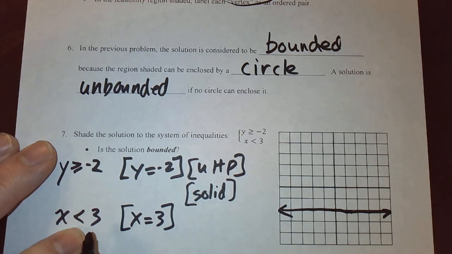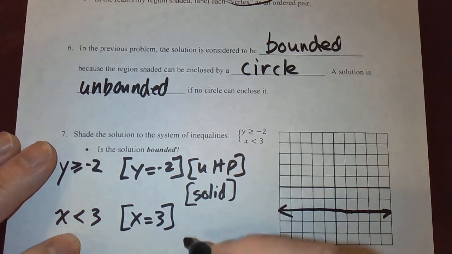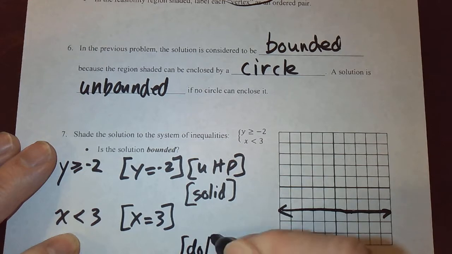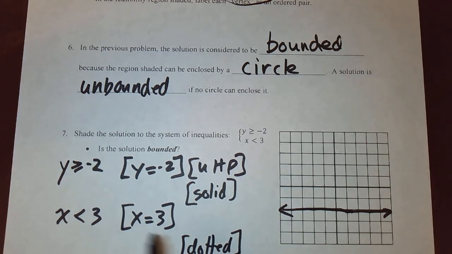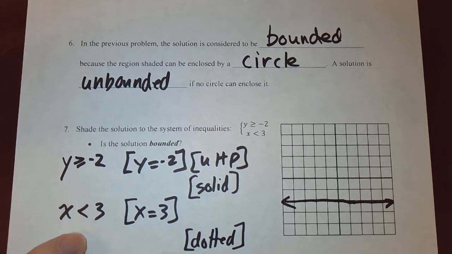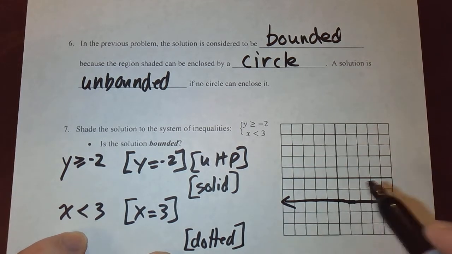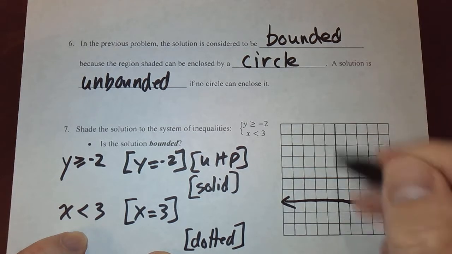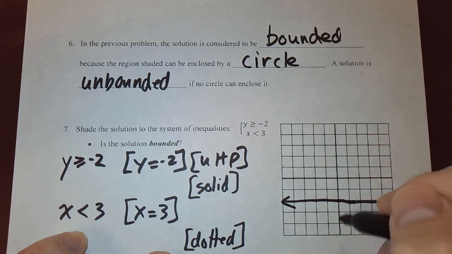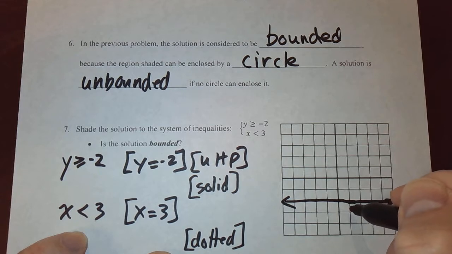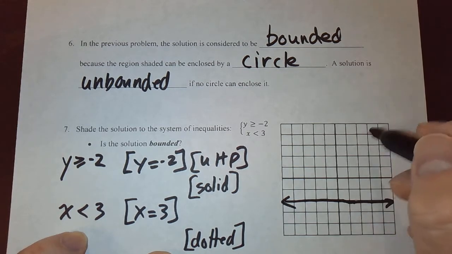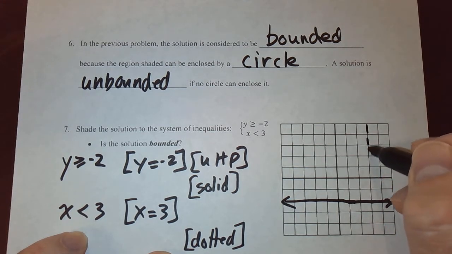So we're going to do a dotted, or dashed, line. And then this is the one case, a vertical line, where I can't say upper half plane or lower half plane. Let me go ahead and plot that vertical line. The y-axis is the vertical line x equals 0. That would be x equals 1, x equals 2. Here's x equals 3 with a dotted line.